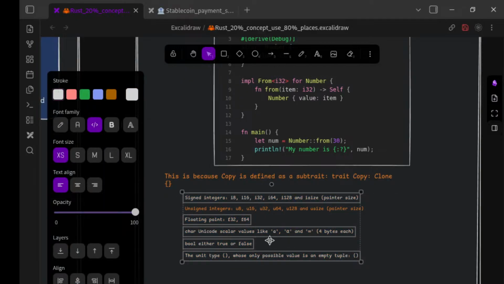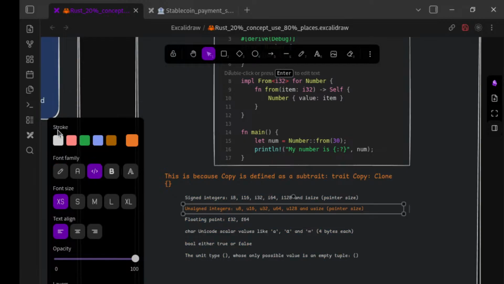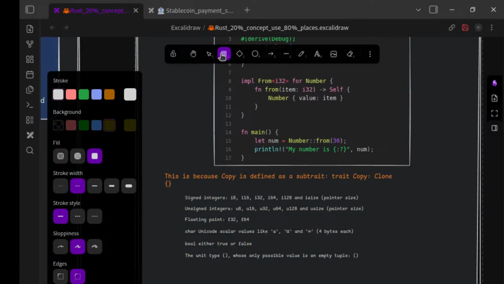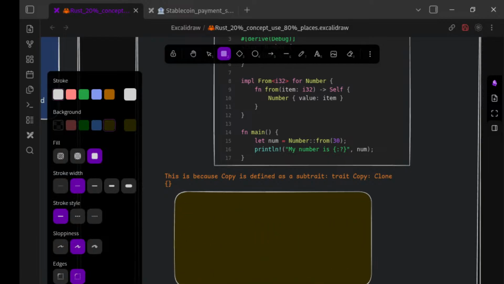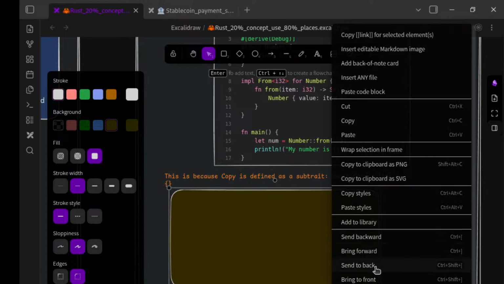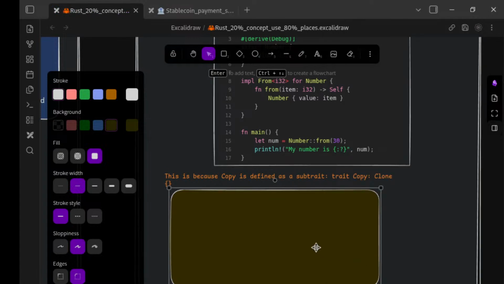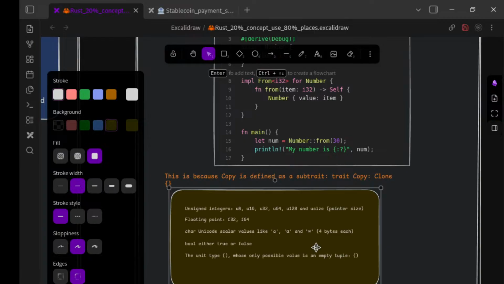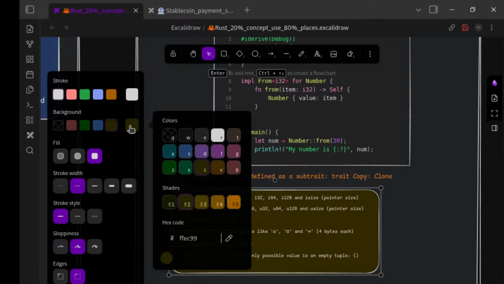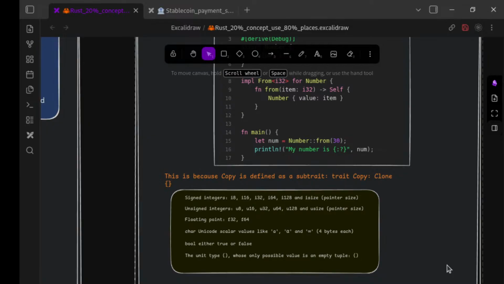It is easy, but although it is easy, I am taking notes because it may help in future. Signed integer, unsigned integer, floating point.